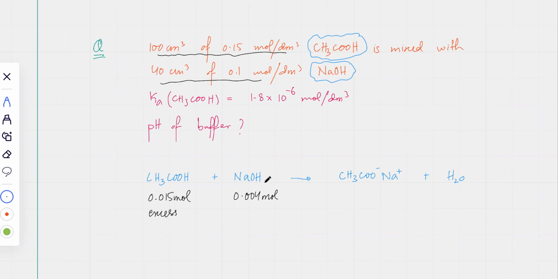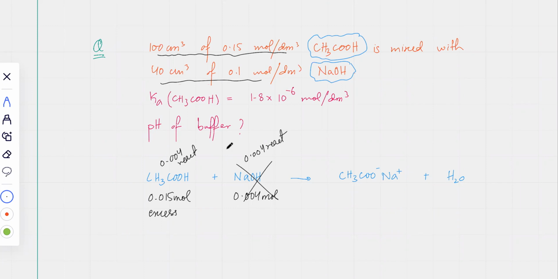NaOH would react completely, right? Because 0.004 would react. It will completely get used up. And how much of ethanoic acid would react out of the 0.015? It's 1:1. So 0.004 moles of this would also react.